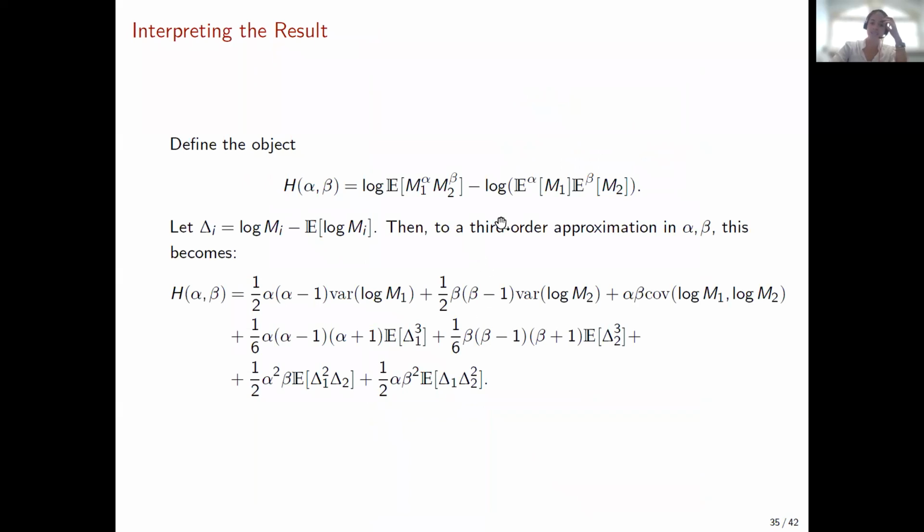How can you see that? The way we can see it is by calculating the dispersion of the two stochastic discount factors, M1 and M2. These powers, alpha and beta, inform you how much weight we put on the moments of the stochastic discount factors.